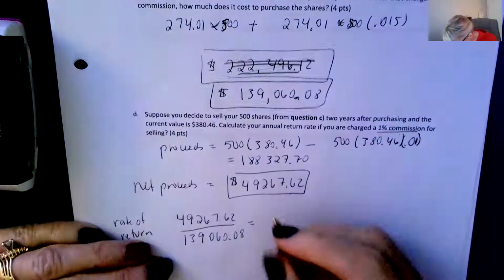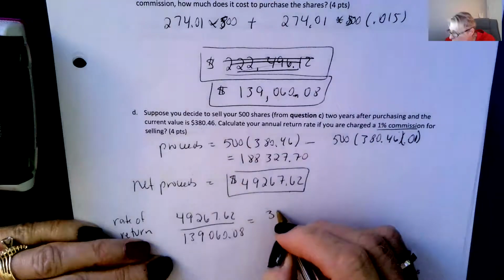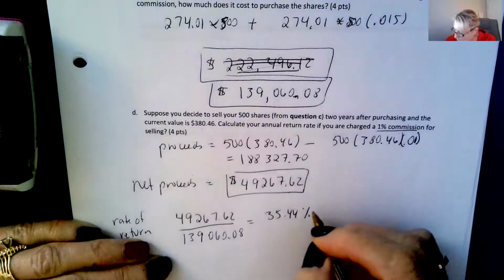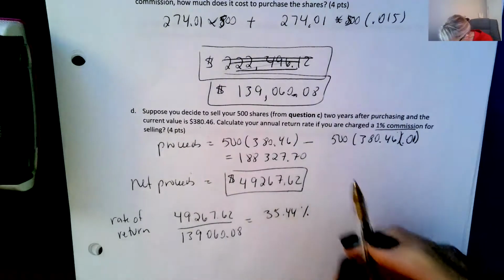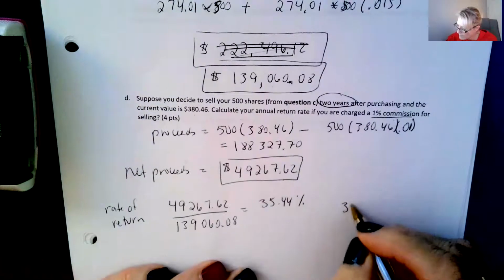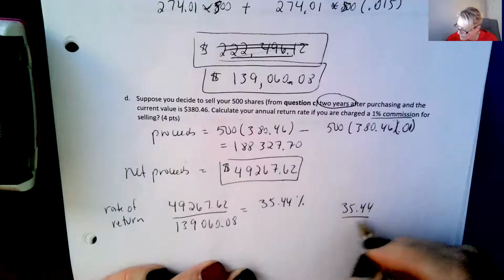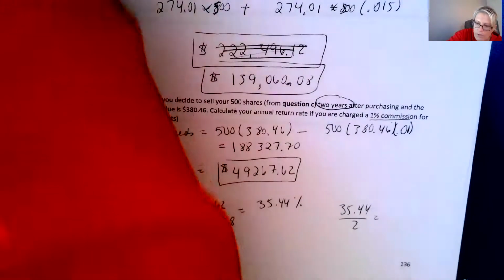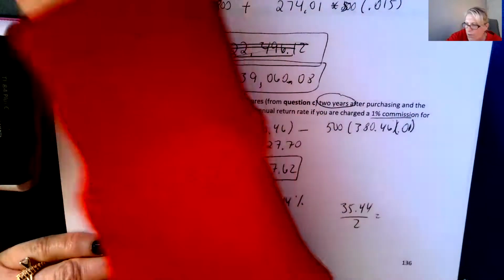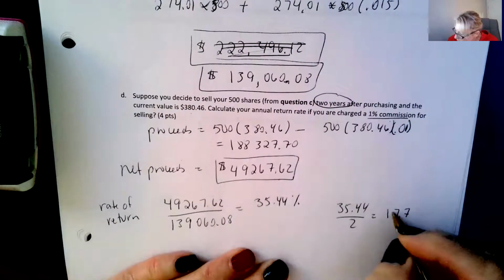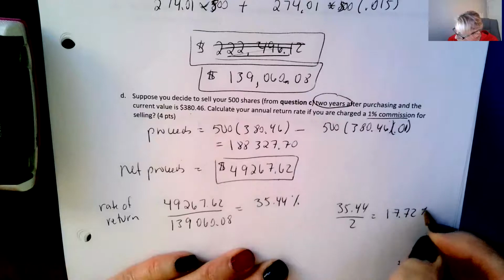So we made 35.44%, but we had it for 2 years. So we really need to divide this by 2. 35.44 divided by 2. So it's really about 17.72% each year.